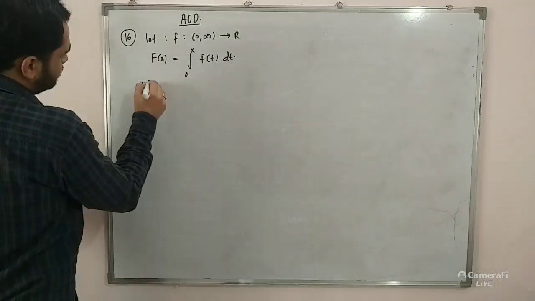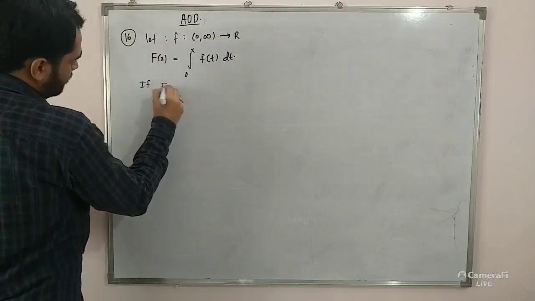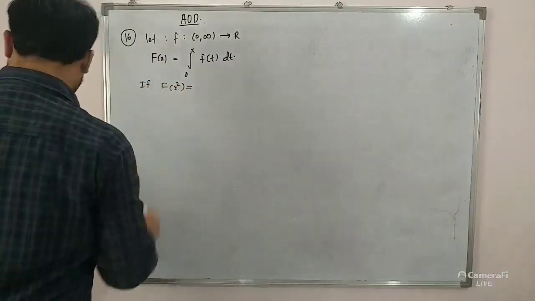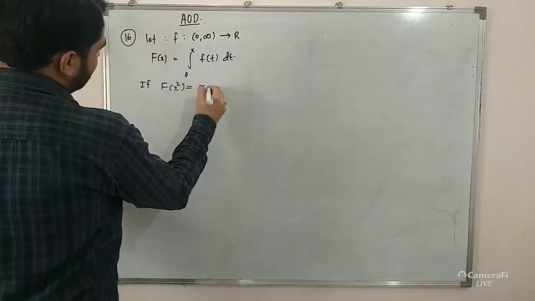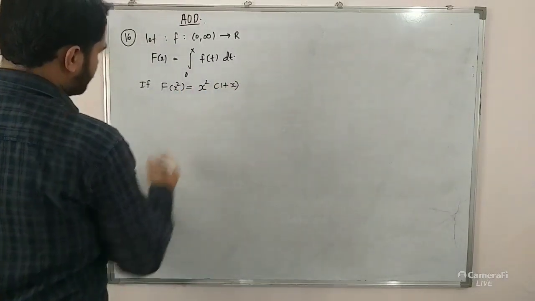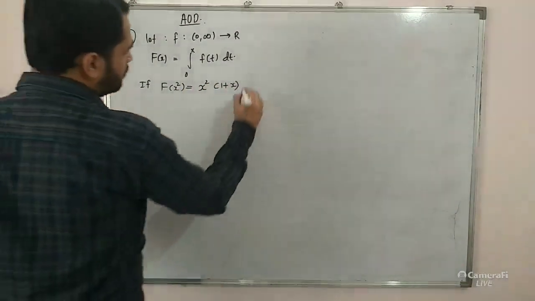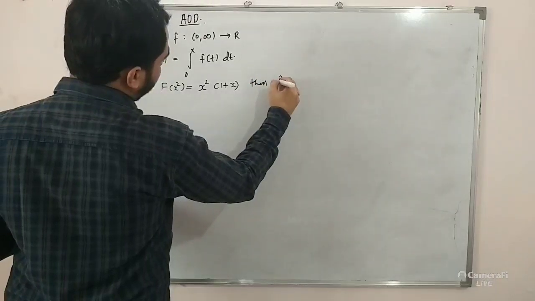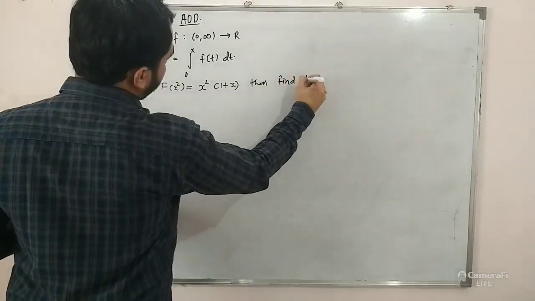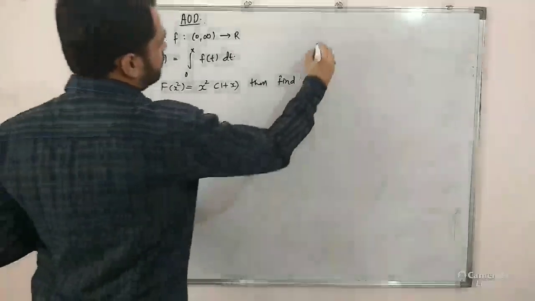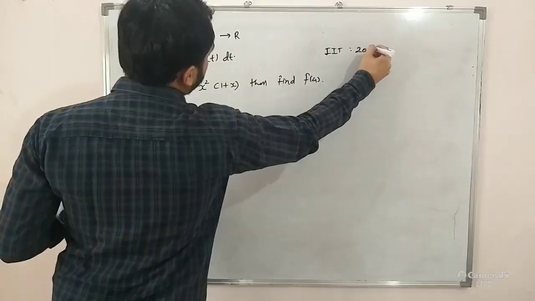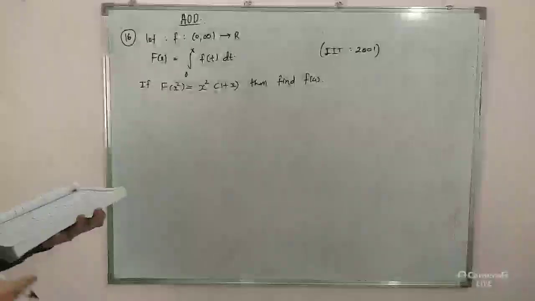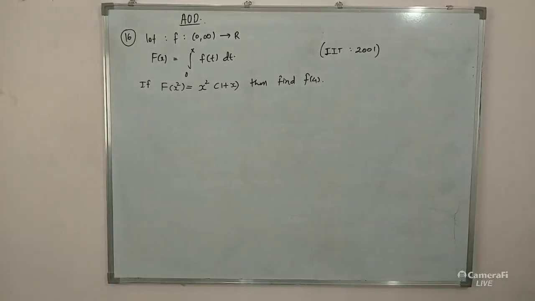If capital F of x square is equal to x square into 1 plus x, then find f of 4. This is the question of IIT 2001. The options are 5 by 4, 7 by 4 and 2.